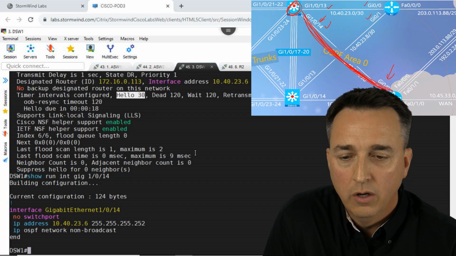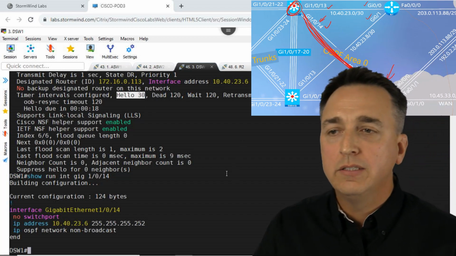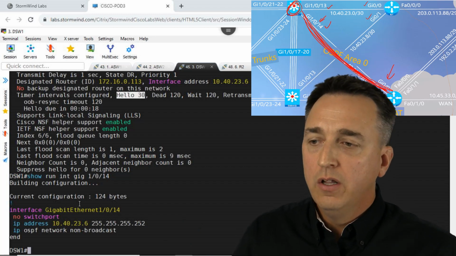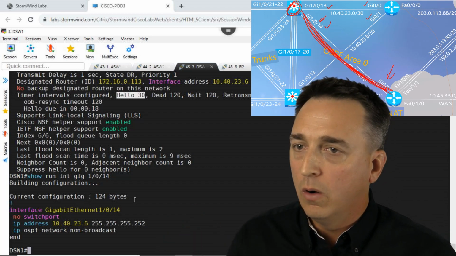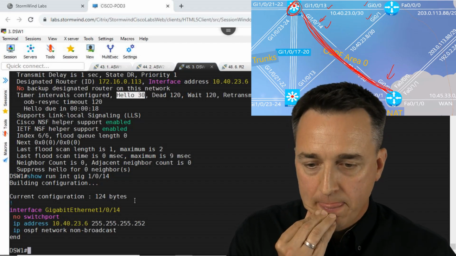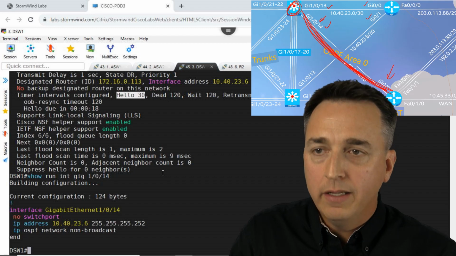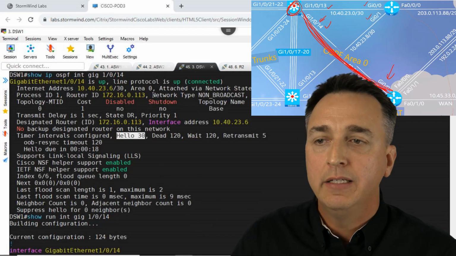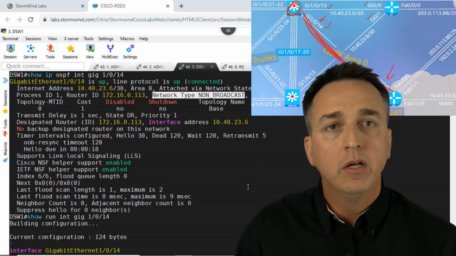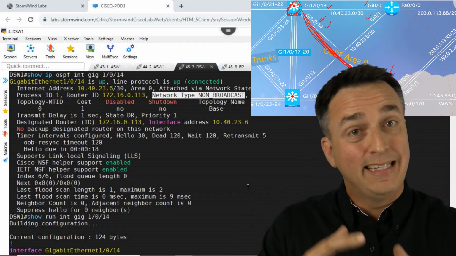Uh-oh. Why is the timer different, but there is nothing about the timer here? Oh, this is an interesting one. The default timer. For what? Right? It goes back to something other people indicated, and that is the network type. OSPF behaves differently depending on the network media type.